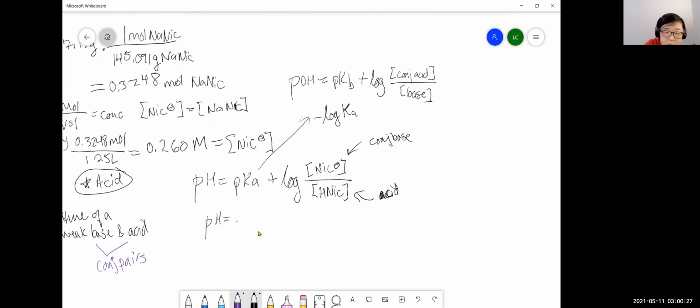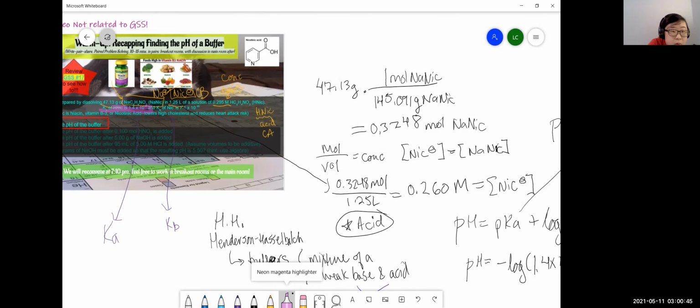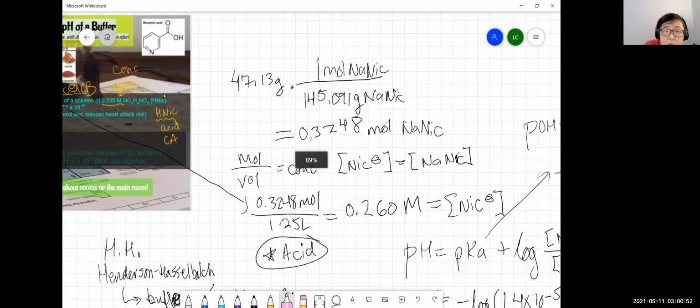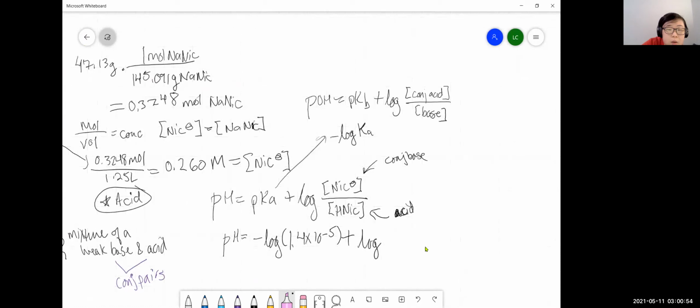But anyhow, you do negative log of the Ka value, which we had earlier as 1.4 times 10 to the negative fifth, plus log of the ratio. So right here, we see this Ka value is 1.4 times 10 to the negative fifth. That's where that value comes from.